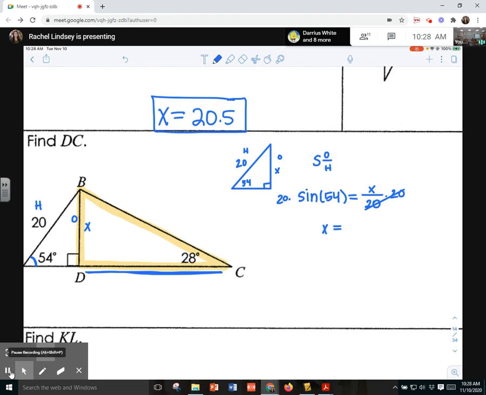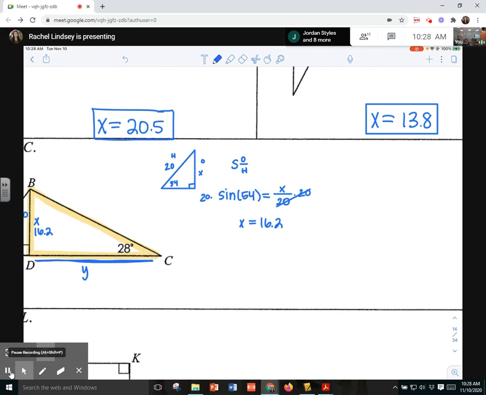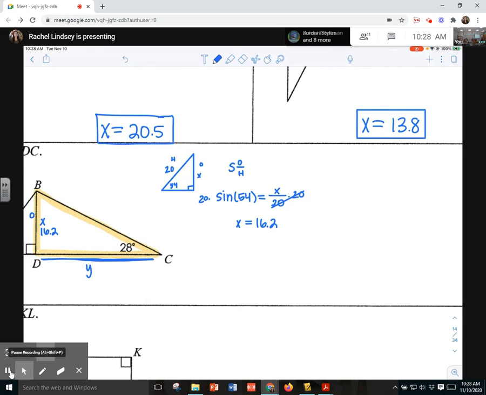When I put that in the calculator, you should get 16.2 for this side. So now I'm going to call what I'm looking for the DC y. Okay, so I have 16.2 on this side.